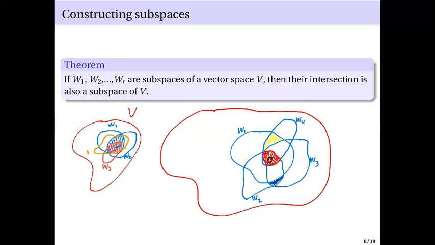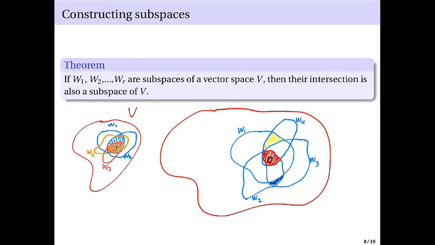W4. So you see, this is another subspace, this guy here. Every time you get another subspace to intersect with your previous intersection, the intersection becomes smaller and smaller, possibly.